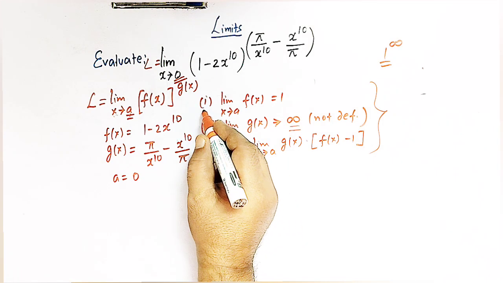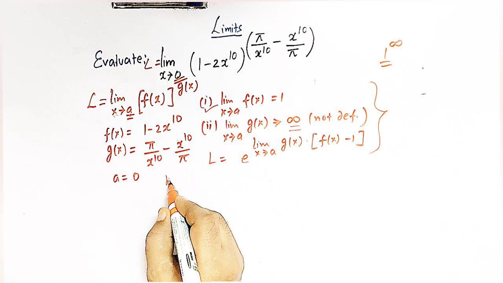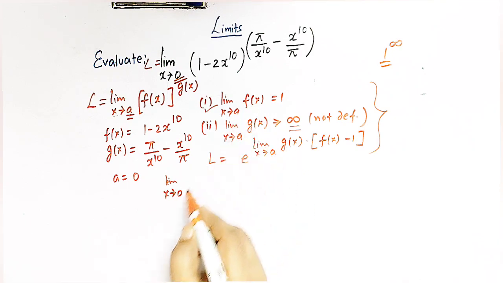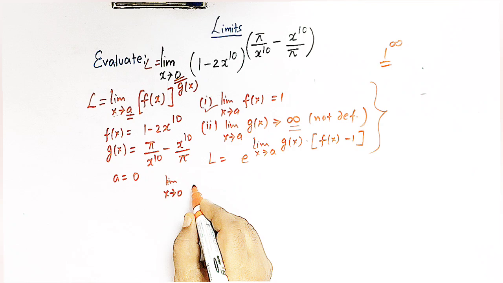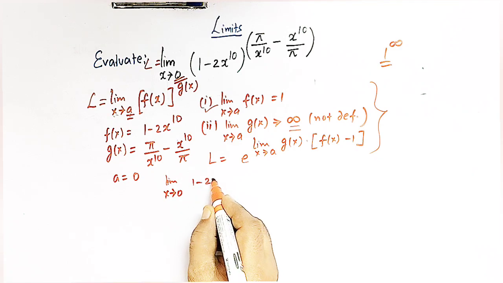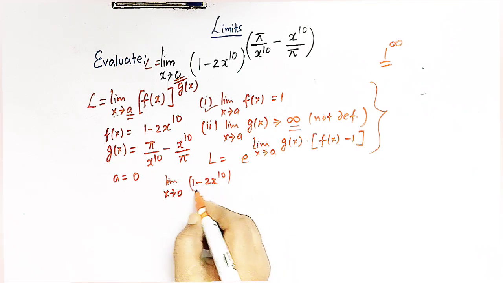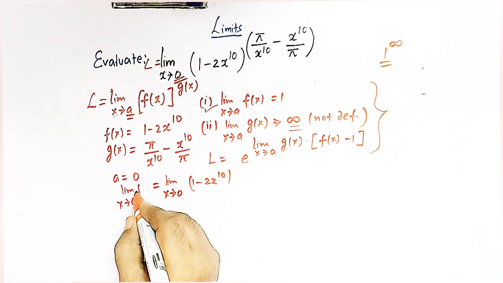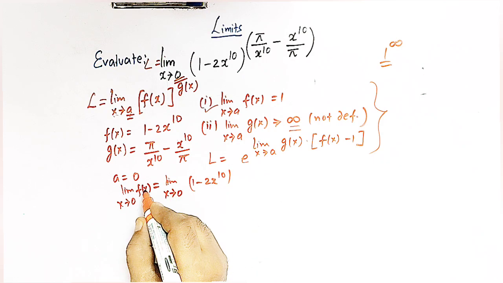So let us first find this limit, that is limit x tends to 0, f of x, here a is 0 and f of x is 1 minus 2x raised to 10, right? So first we are calculating this limit, that is limit x tends to 0, f of x.